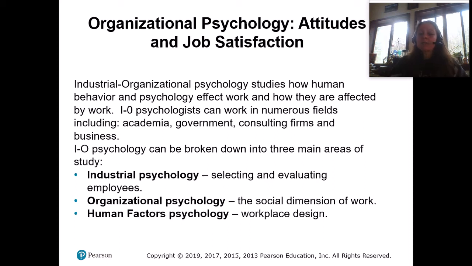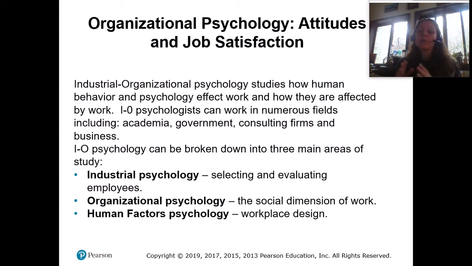When it comes to IO psychology, there are really three main areas of the work environment that we're looking at. We're looking at the industrial side, and that really comes down to the types of employees that you're going to hire. So personality plays a role in that.